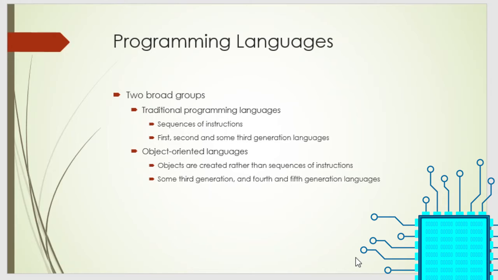First, second, and some third generation languages come under this category. In object-oriented languages, objects are created rather than sequences of instructions. Some third generation and fourth and fifth generation languages are of this type.